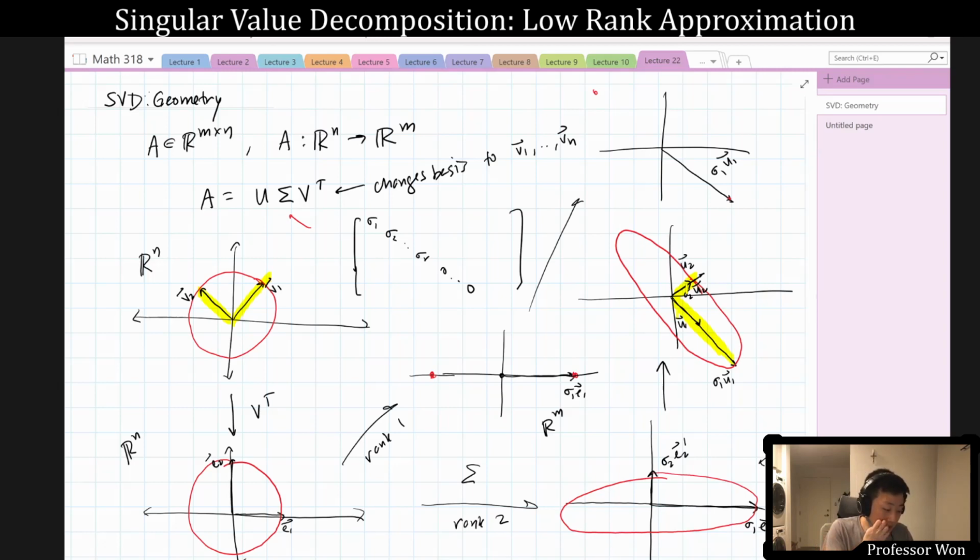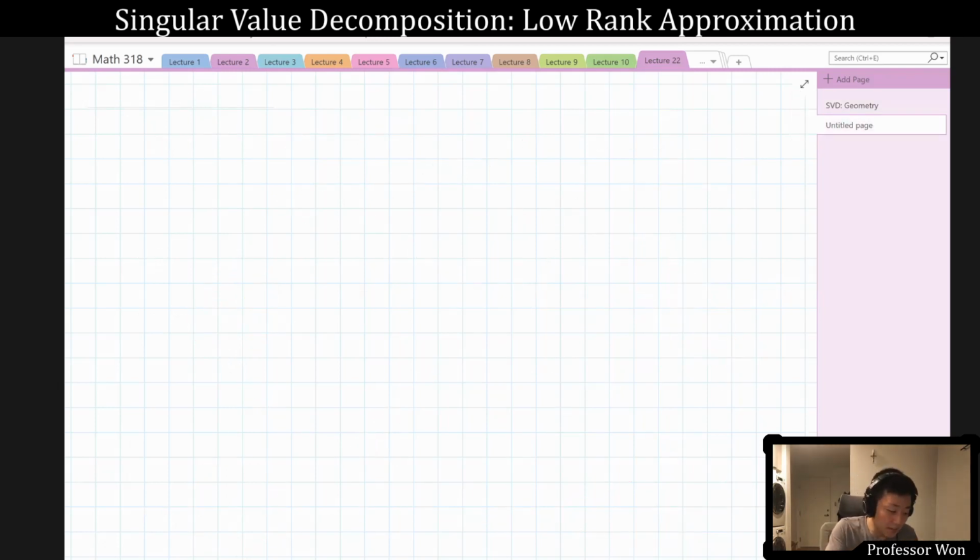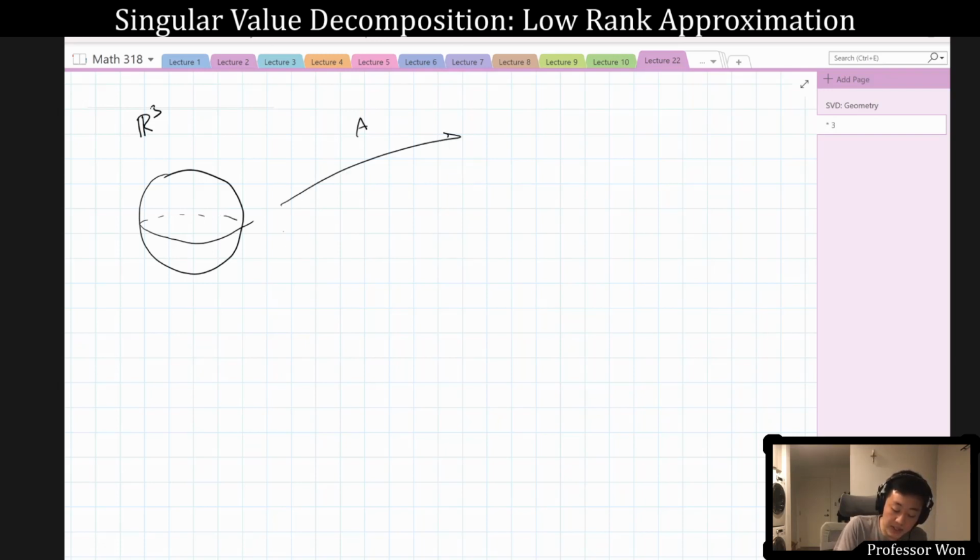Right. So I gave you a rank 2 and a rank 1 example here in kind of a not great way. But the picture in the notes, which I think is actually a bit better, is if we look at R3, and A, there are several possibilities for A, right?